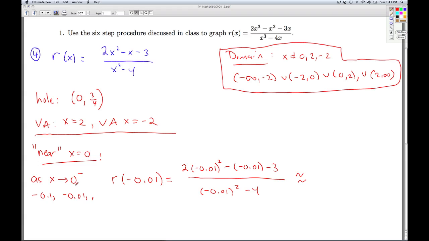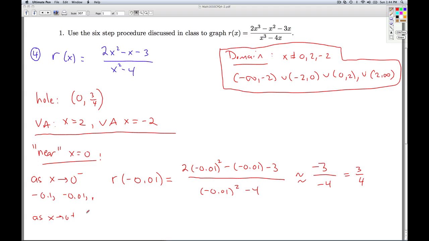Now, as x gets closer and closer to 0 from the left, what's going to happen to these terms in the numerator? Well, this is getting close to 0, so 2 times it is getting close to 0. And this is getting close to 0. And so the numerator is getting close to negative 3. This is getting close to 0, so 0 squared minus 4 is pretty close to negative 4. So that's 3/4.